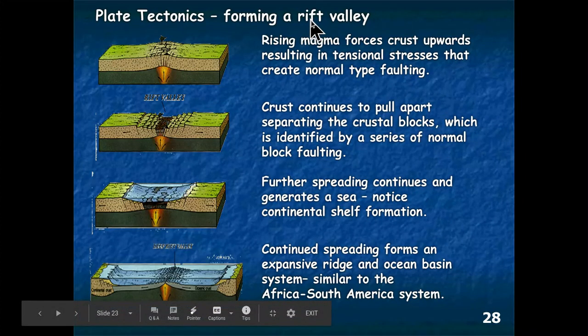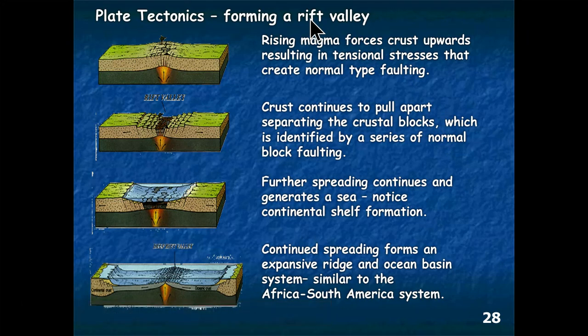So we would say a rift valley, or continental rifting. Rifting means basically splitting the continent apart. In this first diagram at the very top of your slide, we can begin to rift a continent apart by magma coming in contact with rigid lithospheric material.